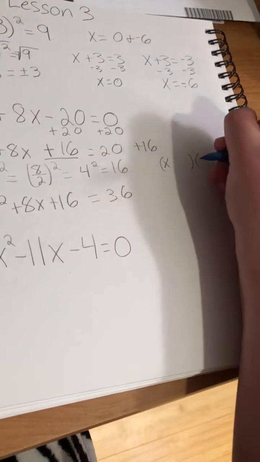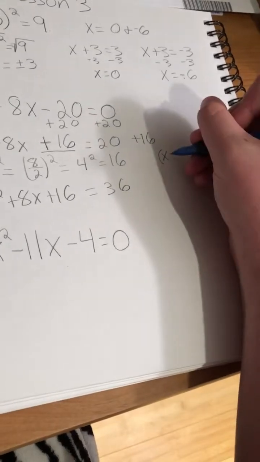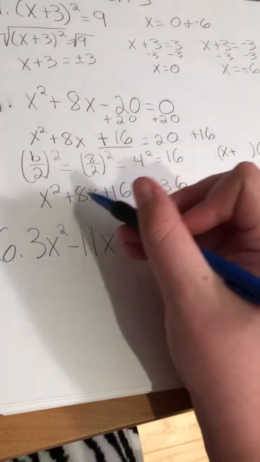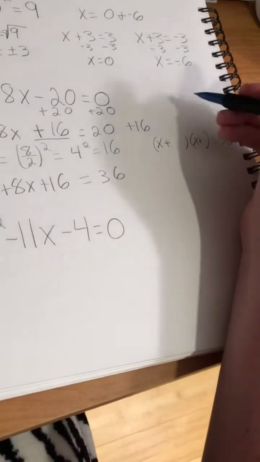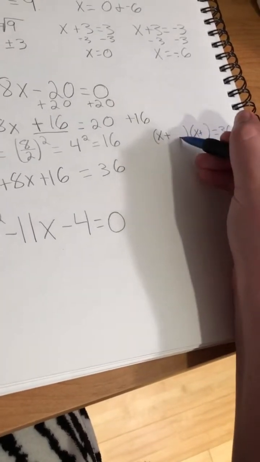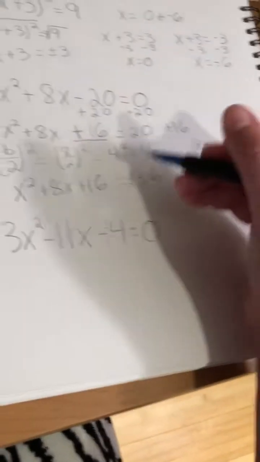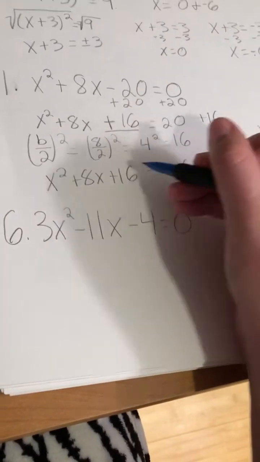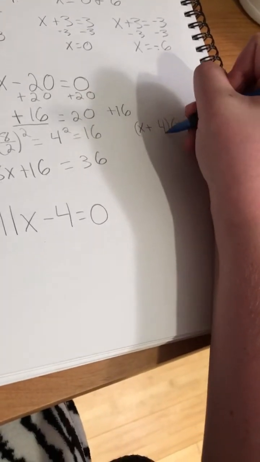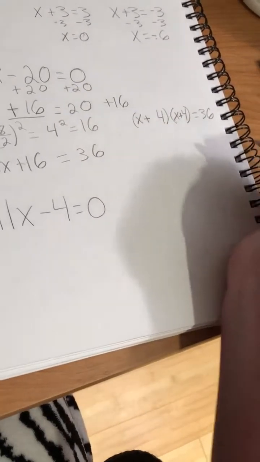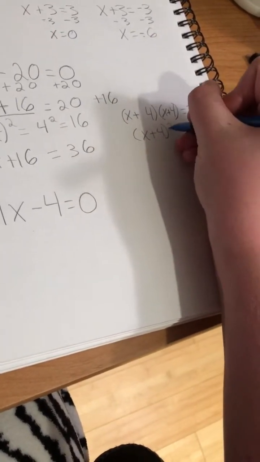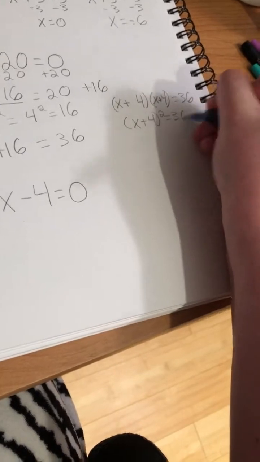Our variable was x that was squared, and all terms were positive, and we had addition, so our operations are going to be addition. And then we're looking for a number that multiplies together to give us 16, but also adds to give us 8, and that is 4. Simply put, we have (x + 4)² = 36.